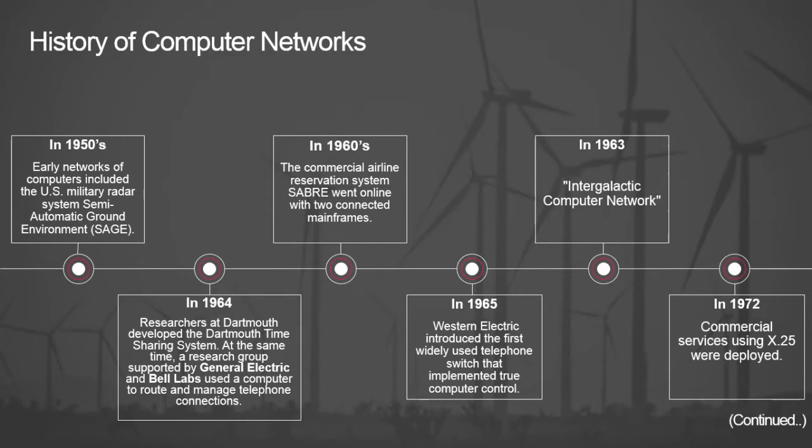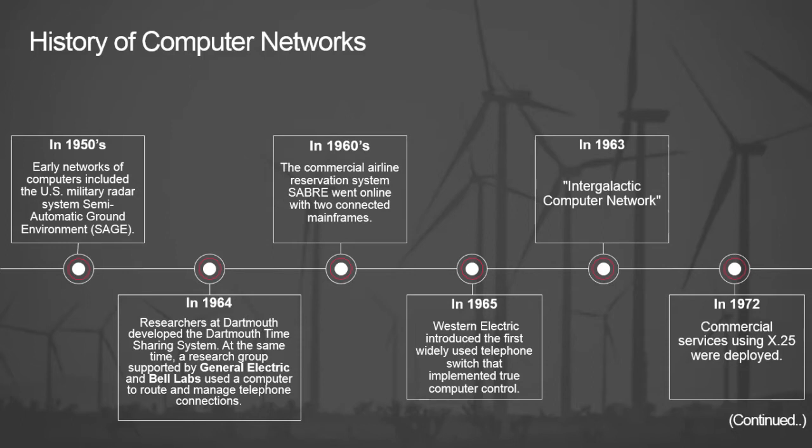Also, you can see in the 1960s, the commercial airline reservation system, also known as SABRE, went online with 2 connected mainframes. Then in 1963, the concept of intergalactic computer network, basically a computer network that is intended to allow general communications among computer users, was discussed.